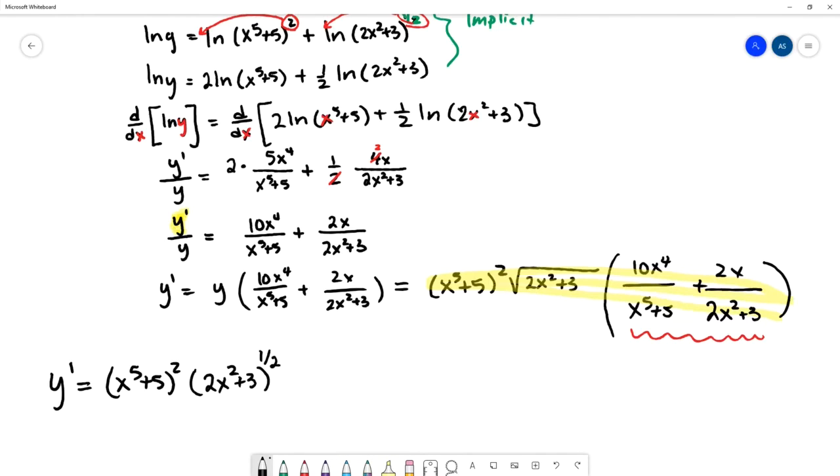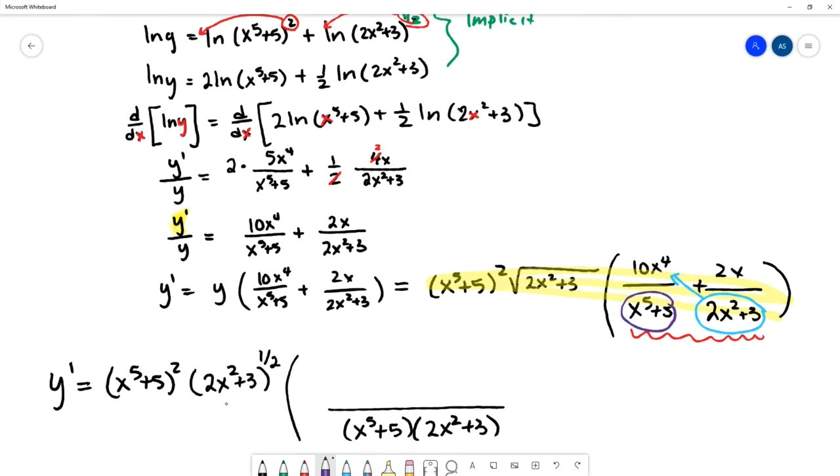So to get a common denominator, I am going to have a common denominator of x to the 5th plus 5 times 2x squared plus 3, and I need to multiply this by the other numerator and this by the other numerator to combine those fractions together. So that's 10x to the 4th times 2x squared plus 3 plus 2x times x to the 5th plus 5.